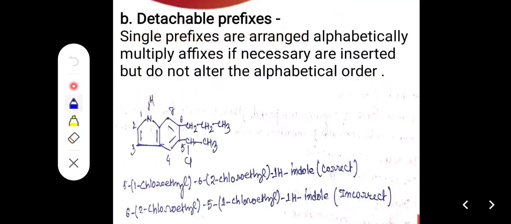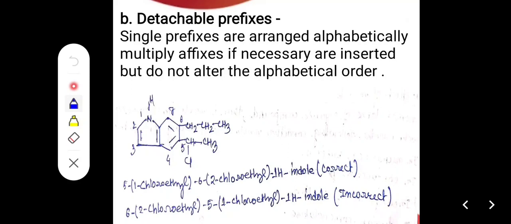Now we consider detachable prefixes. What do we understand about detachable prefixes? Detachable prefixes, single prefixes, are arranged alphabetically. Multiplying affixes, if necessary, are inserted but do not alter the alphabetical order.